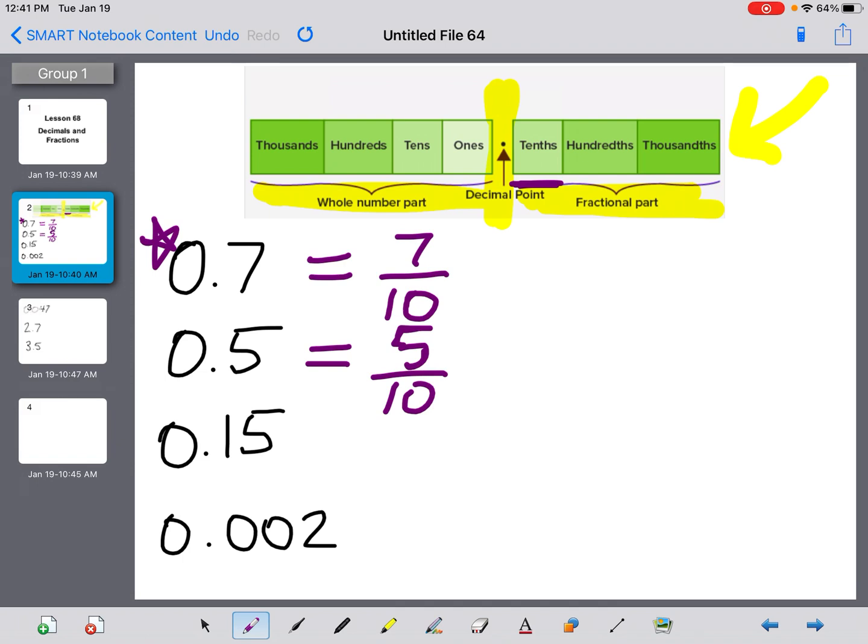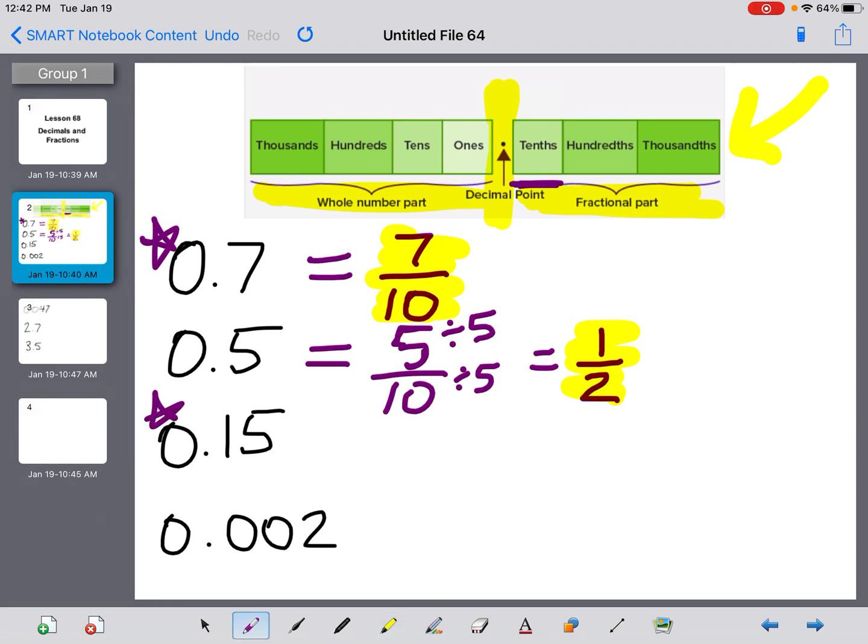So 5/10 is not in simplest form because we can divide the top number and the bottom number by 5, making this 1/2. Okay, so whenever you're converting from a decimal to a fraction, you have to make sure that your final fraction is in simplest form. So 1/2 is in simplest form. In our first example, 7/10 was already in simplest form. There's nothing you can divide 7 and 10 by to simplify that fraction further.